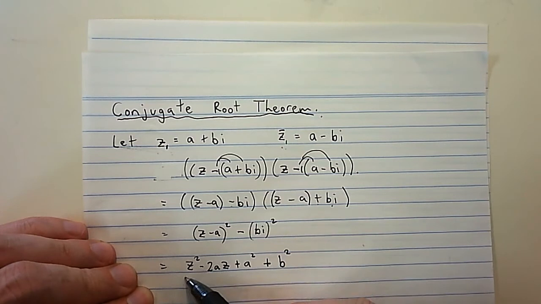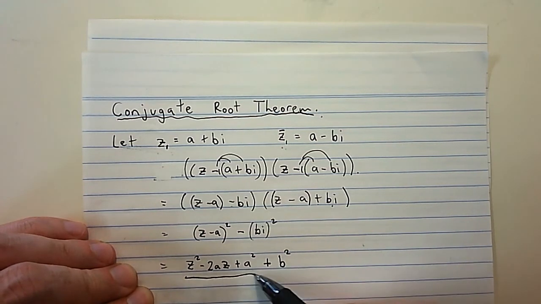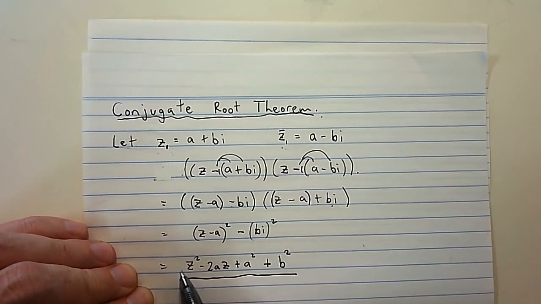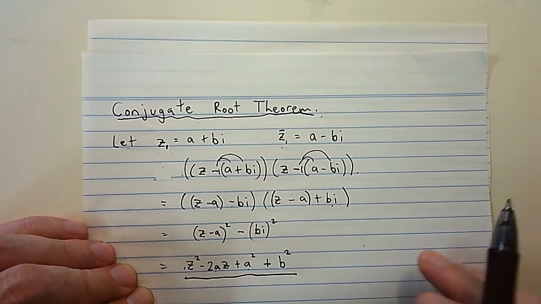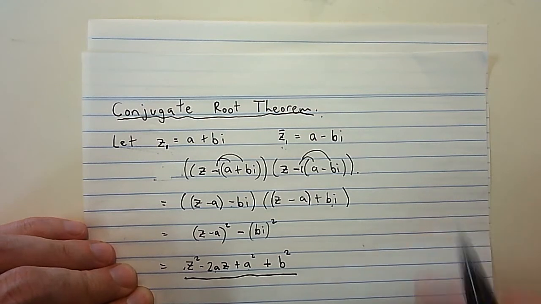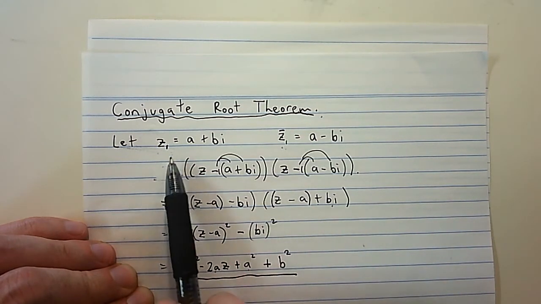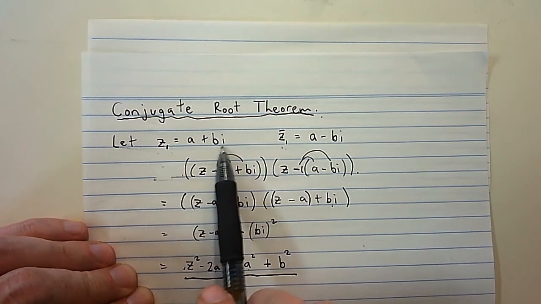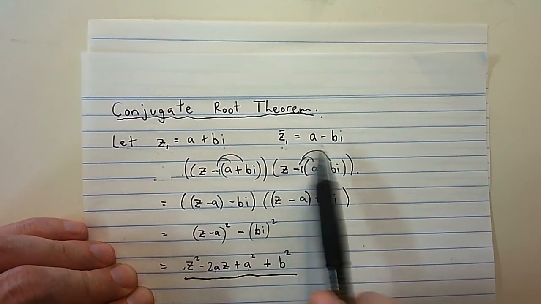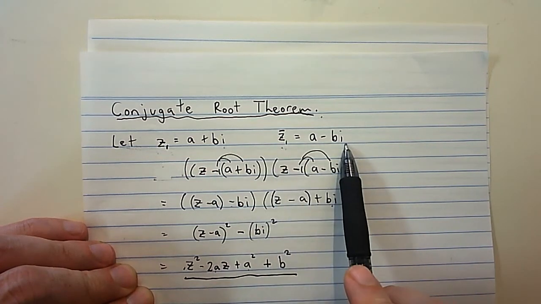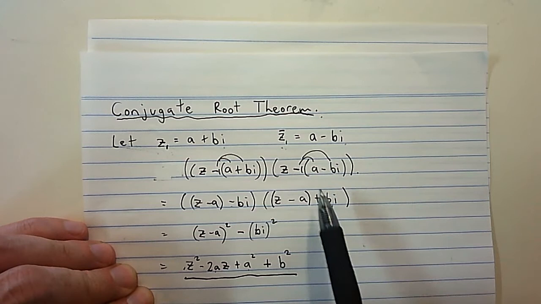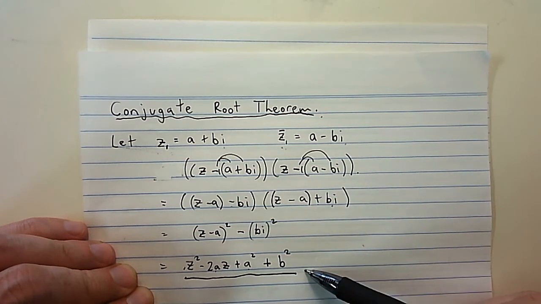Now, if you look at this expression, all of the coefficients of z, and even the constants, have no imaginary values. So I've just shown that if you multiply a complex number with an imaginary component by its conjugate, you'll end up with no imaginary components.